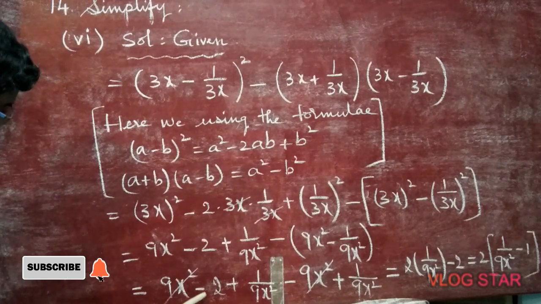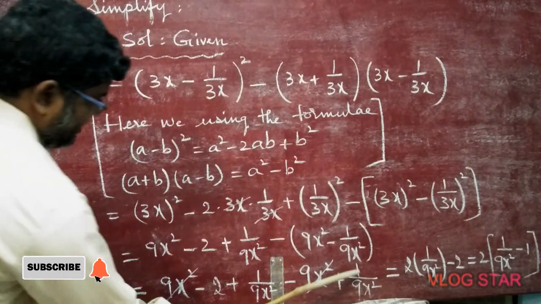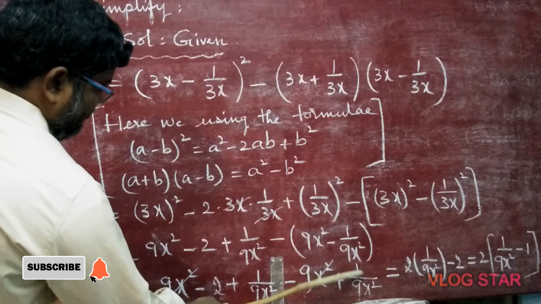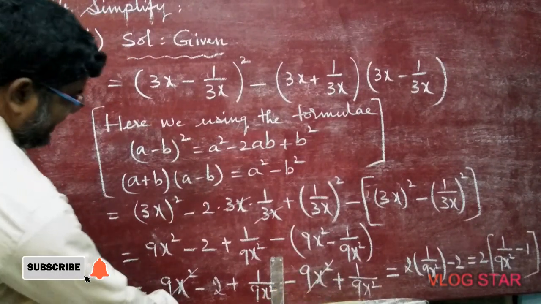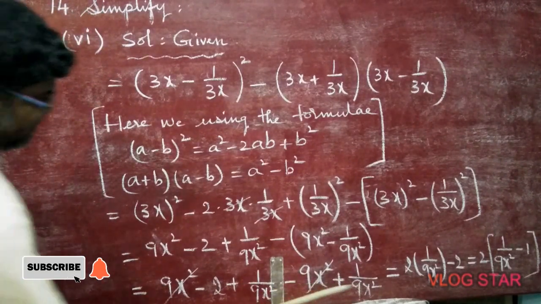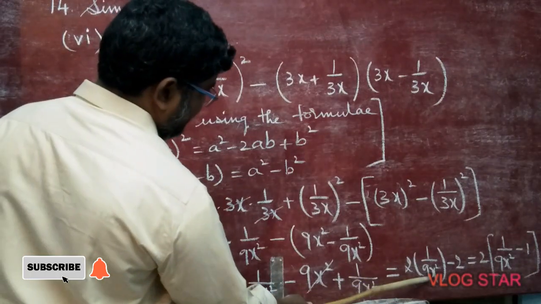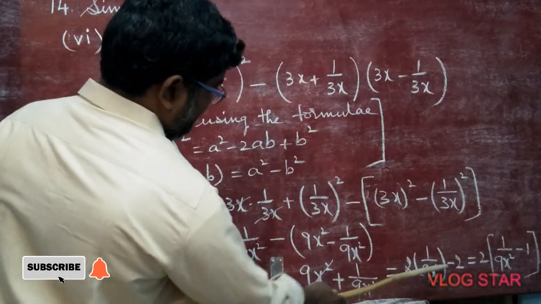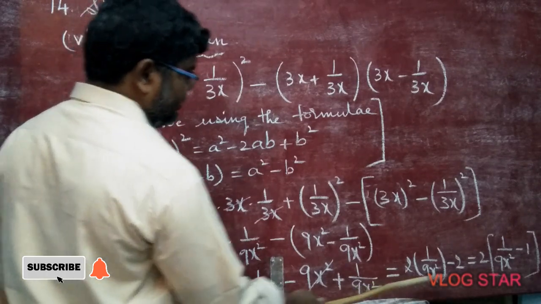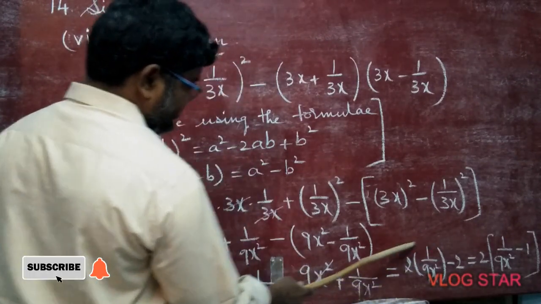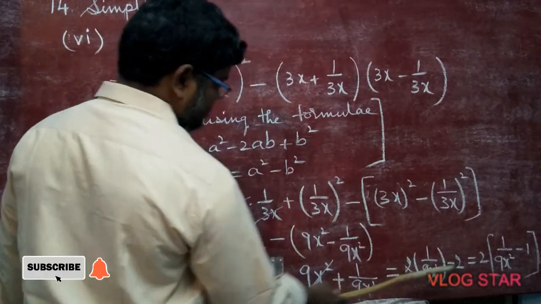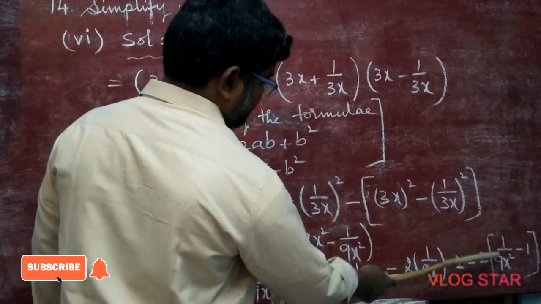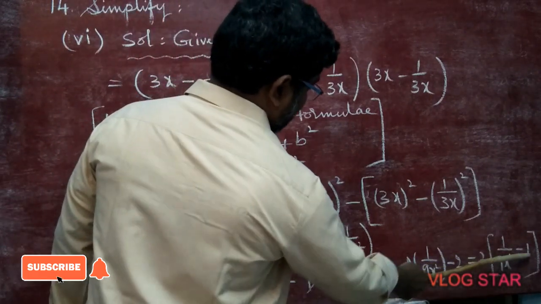What remains is −2, 1/9x² + 1/9x². So 1/9x² plus again 1/9x², 2 into 1/9x², minus 2. Now you are taking 2 common because in the first term 2 is there, in the second term also 2 is there. So taking 2 as common: 2(1/9x² − 1).